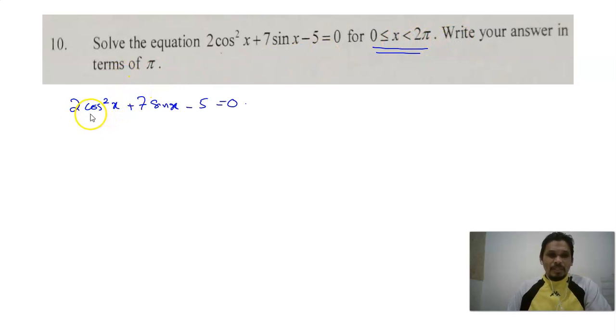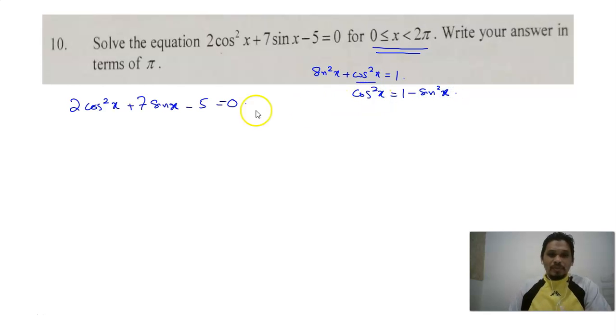Okay, so for this one, from the trigonometric identity sine squared x plus cos squared x equals 1, cos squared x equals 1 minus sine squared x.